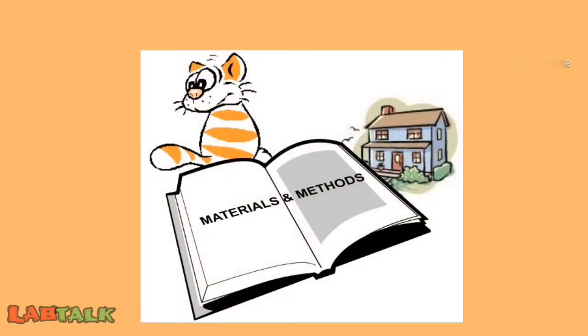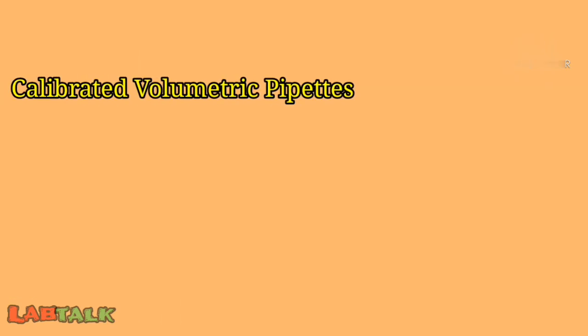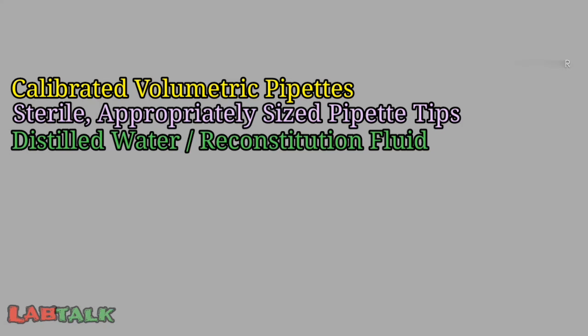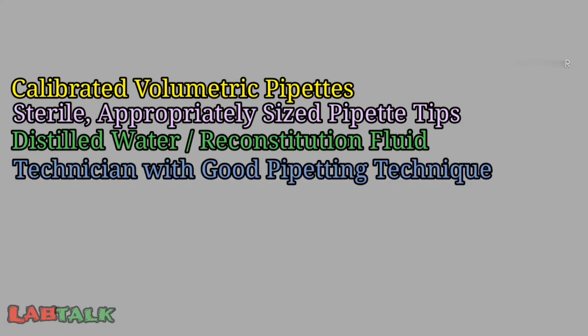Now we will see the basic method of how to reconstitute a QC material. Materials required for QC material reconstitution: we need a calibrated volumetric pipette, sterile appropriately sized pipette tips, distilled water or any other diluent specified by the manufacturer, a technician with a good pipetting technique, and lyophilized QC stored according to the manufacturer's specification.